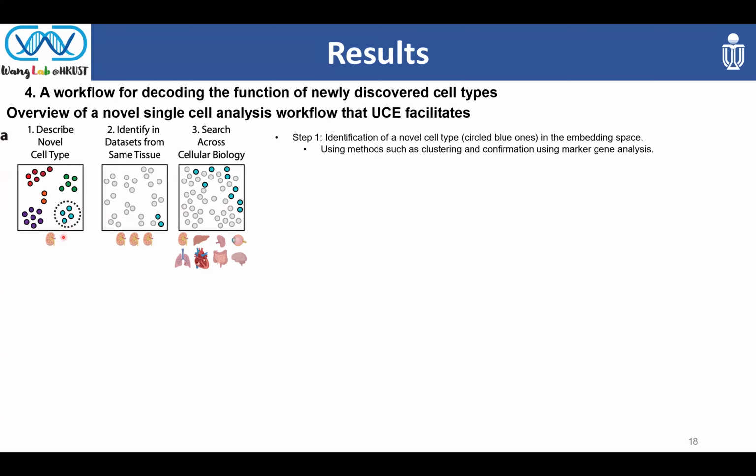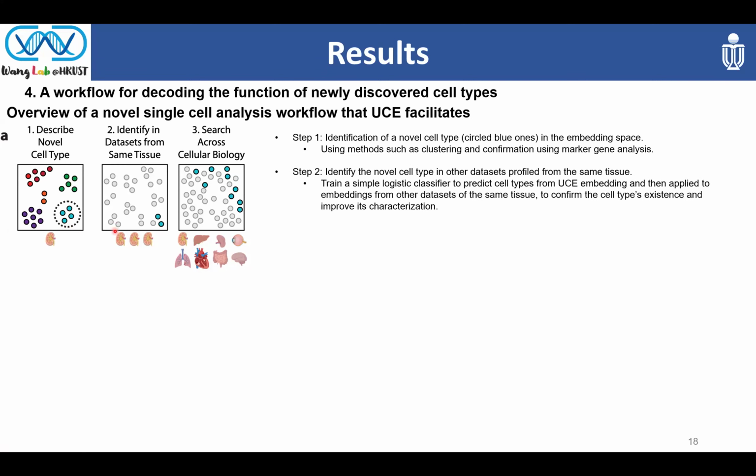So we first identify it, and then we want to identify it in the data set from the same tissue, right? The second part is they use this generated embedding to train a logistic classifier. The target is to predict whether the cell is the new cell or not.